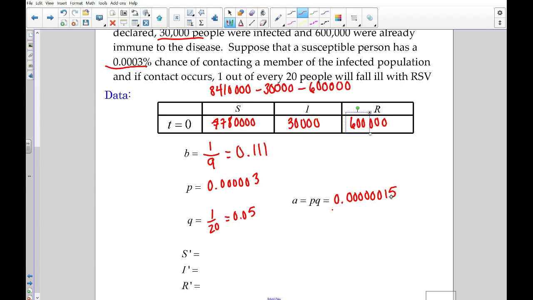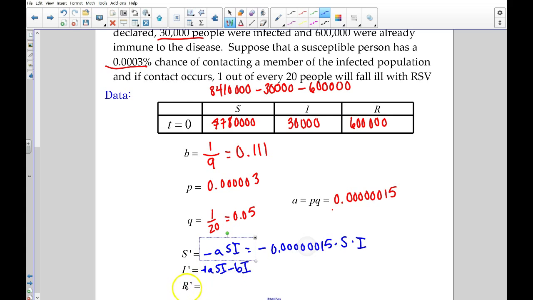This allows us to fill in our S prime, I prime, and R prime. S prime is minus ASI, which written out is minus 0.0000015 times S times I. I prime was plus ASI minus BI.